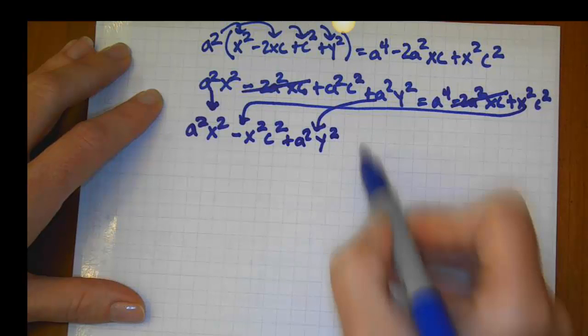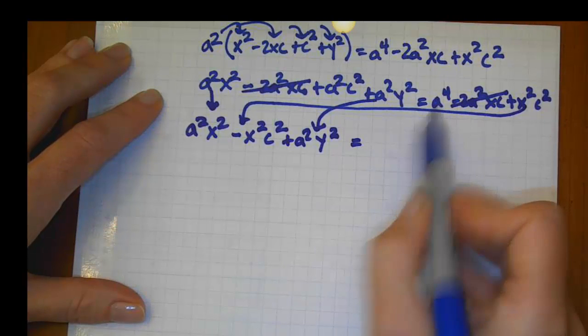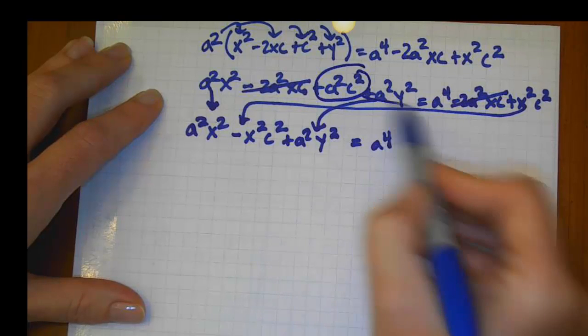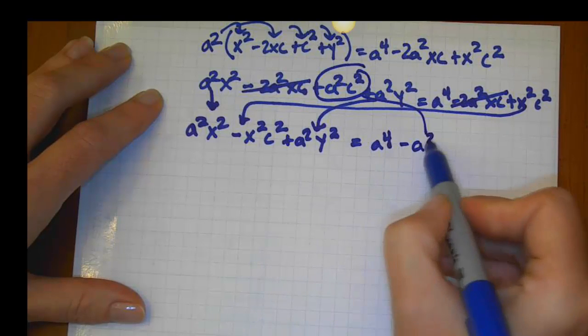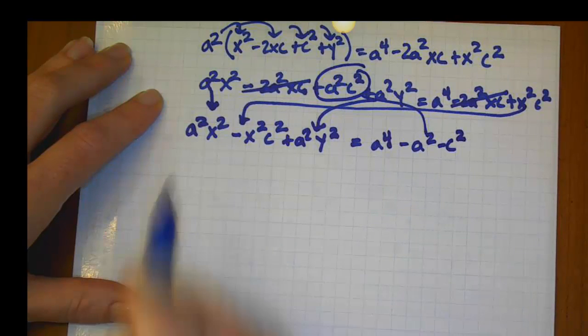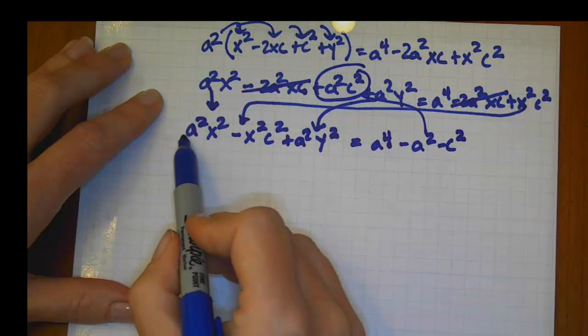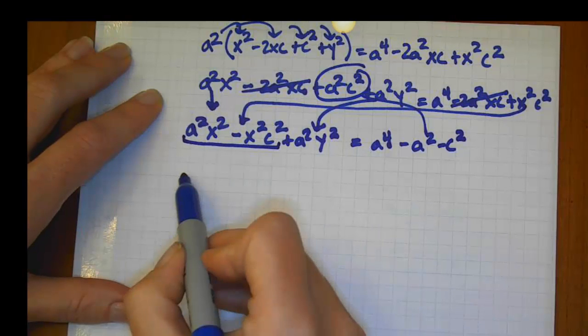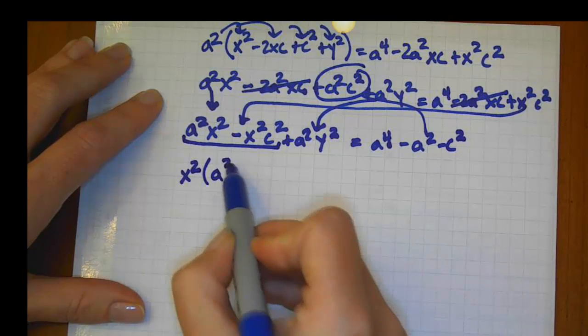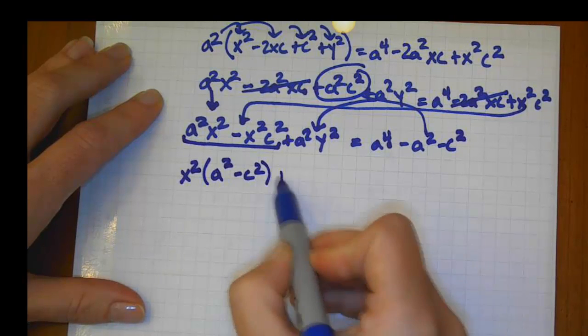Okay. On the other side, I'm going to keep a to the fourth, and then I'm going to move this term over here. So when I move it to the other side, it's going to be subtracting. So on this side, if I look at these two terms, I can factor out an x squared. And I'm left with a squared minus c squared.